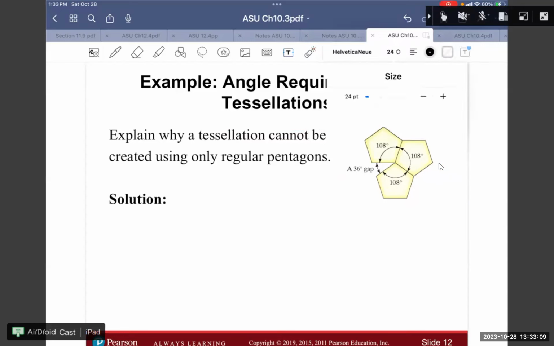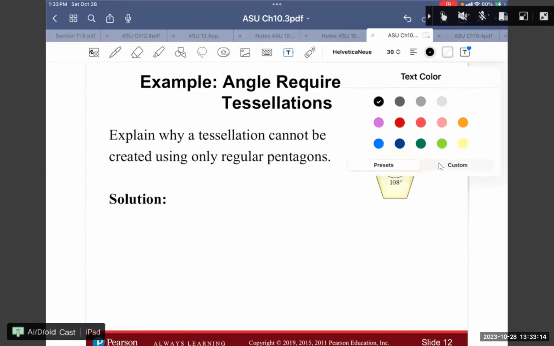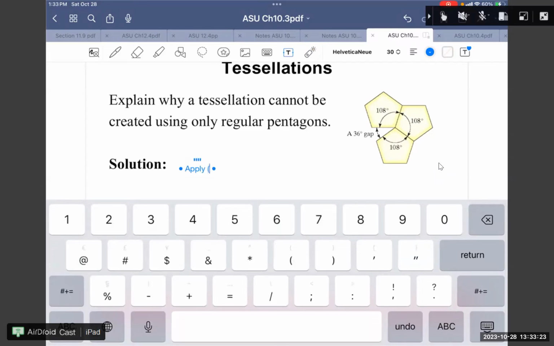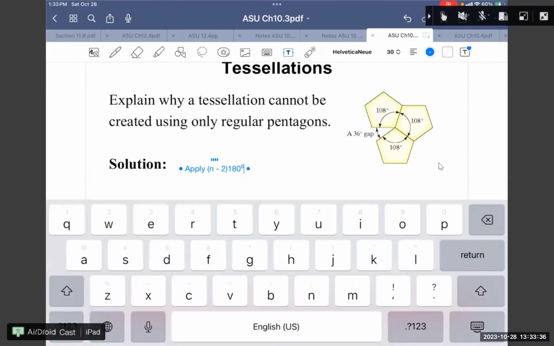So now we apply the formula again: (n minus 2) times 180 over n, to find the measure of each angle of a regular pentagon.